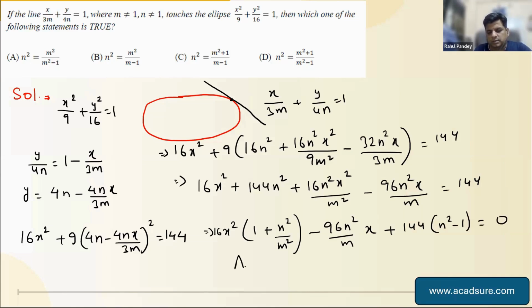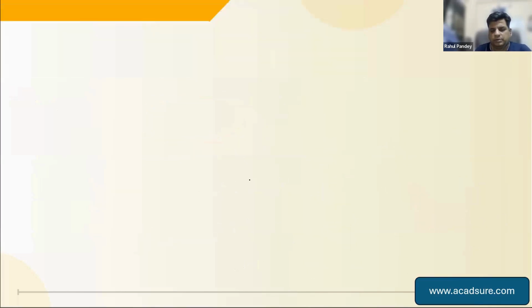So this is ax square plus bx plus c, a quadratic equation in x. Now, if the straight line touches at only one point, then the discriminant will be 0 for this quadratic equation. So b square minus 4ac is 0, and this will give the condition.